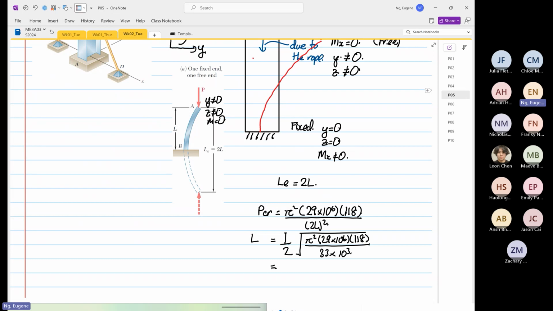So your L is equal to pi squared times 29 times 10 to the power 6 times 118 divided by 33 times 10 to the power 3, square root the whole thing, times 0.5, is equal to 505.8 inches.